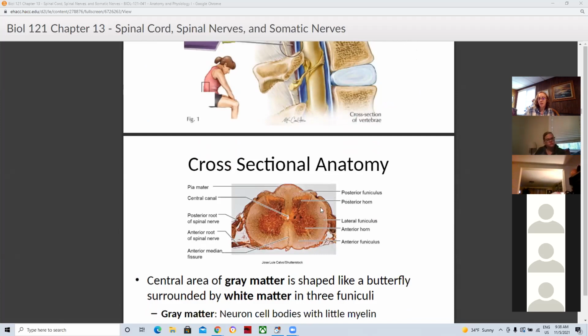Looking at a cross section through the spinal cord, the central area of gray matter is shaped like a butterfly, and it's surrounded by white matter that's organized into 3 funiculi. Here's the gray matter. If you look here, it's the darker matter. It's in the internal area.